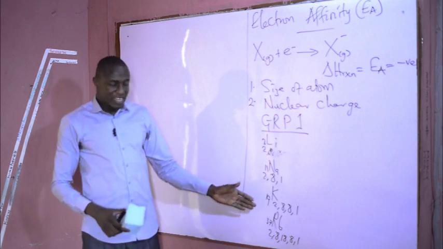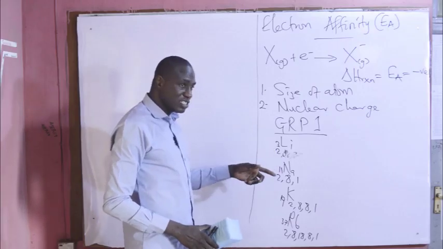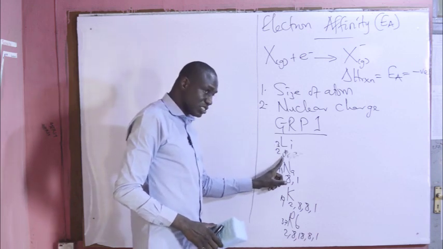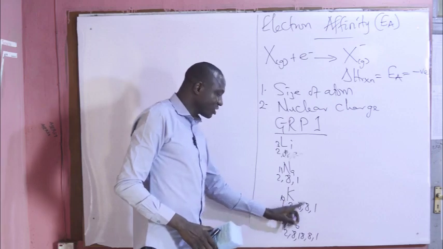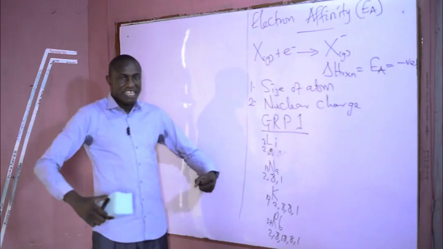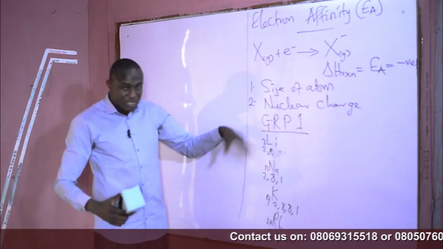So you can observe that as you are going down the group, there is increase in the number of shells. Lithium has 2 shells, while sodium has 3 electronic shells, 4 for potassium, and so on and so forth. So the size of the atom gets increased as you go down the group.